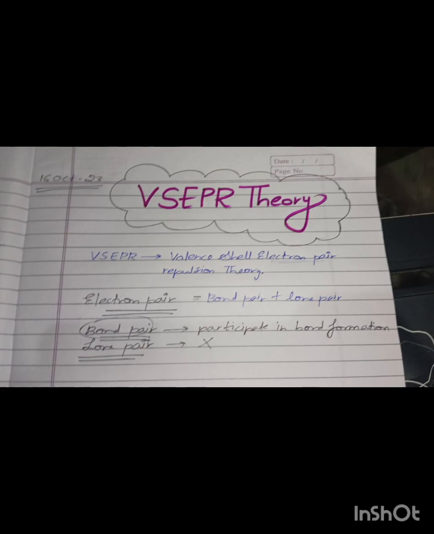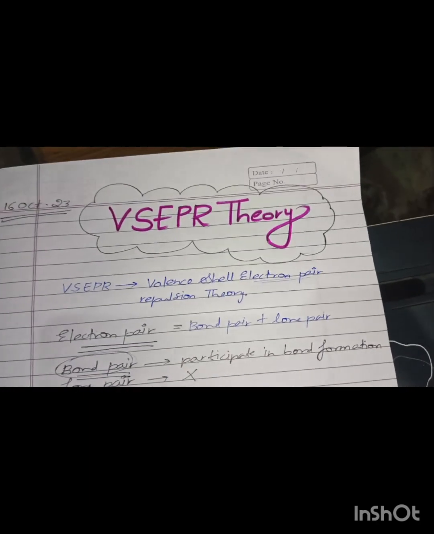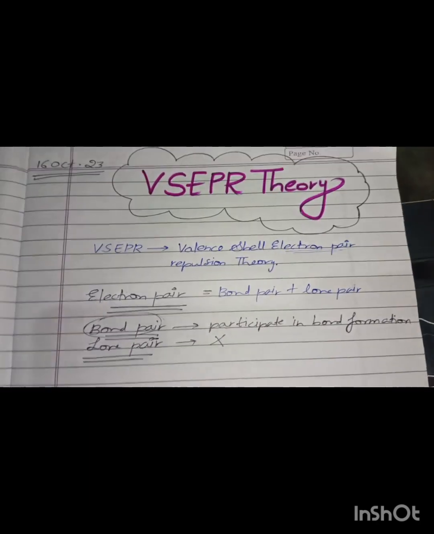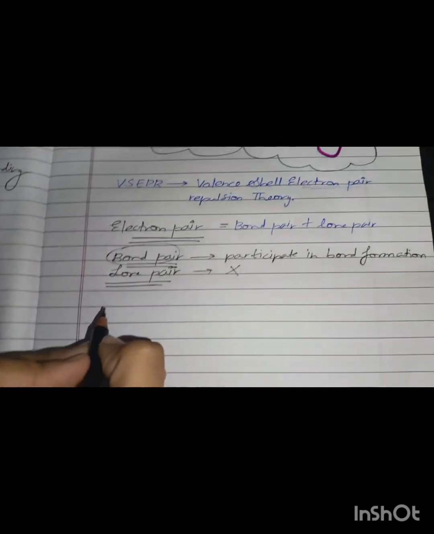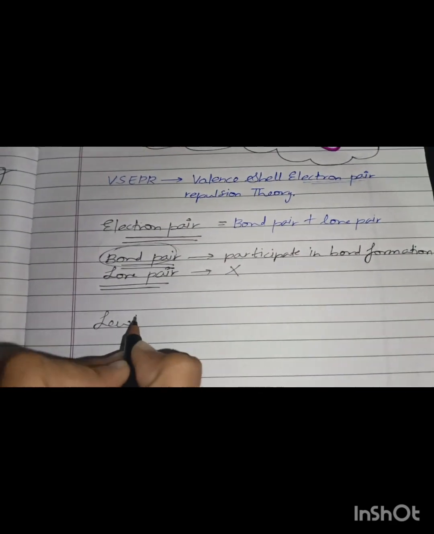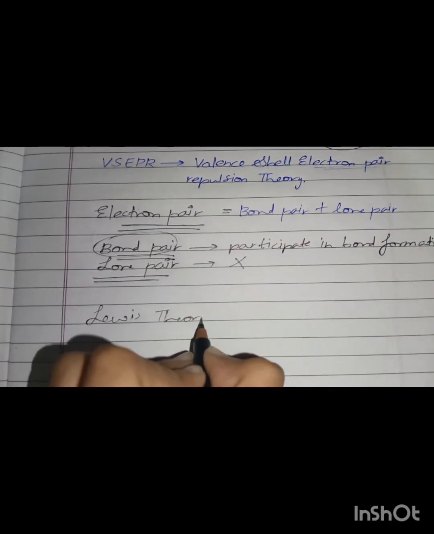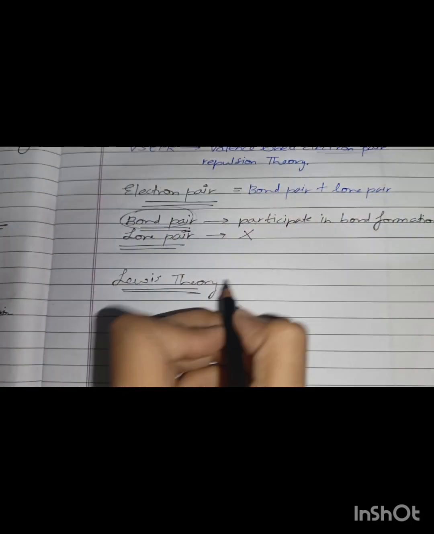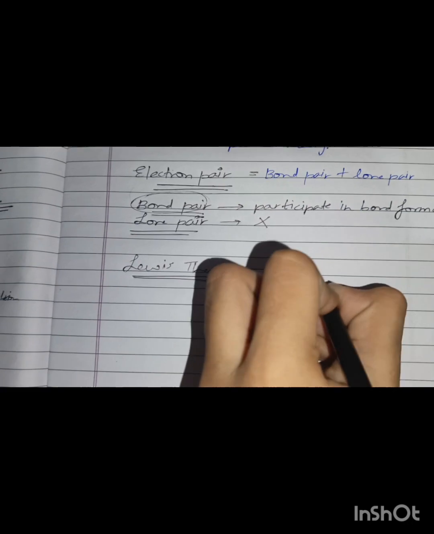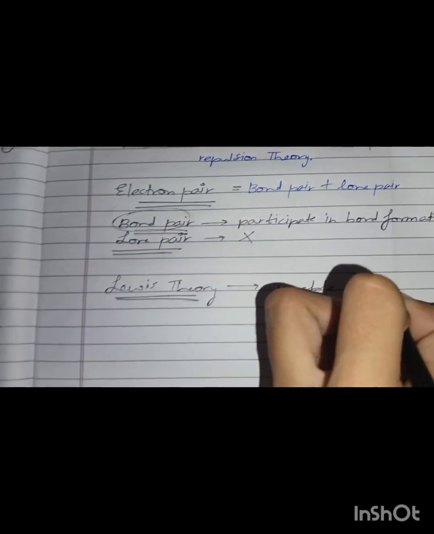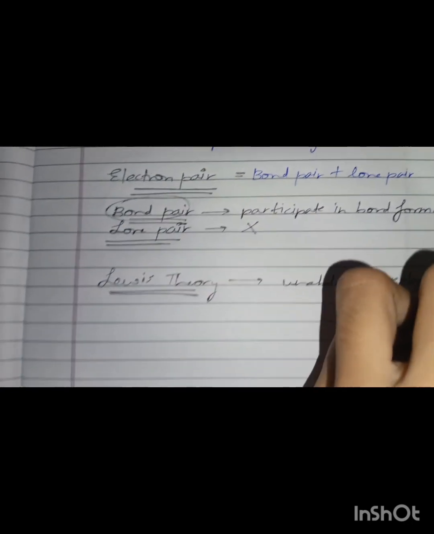So now we will understand how this theory came into existence. As we have earlier studied Lewis theory, we know that there are many limitations of this theory, that this theory was unable to explain the shape of the molecule.